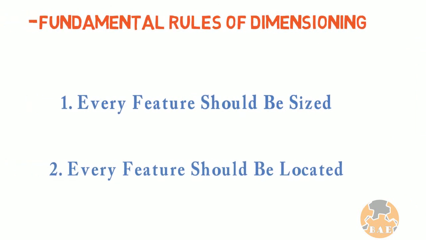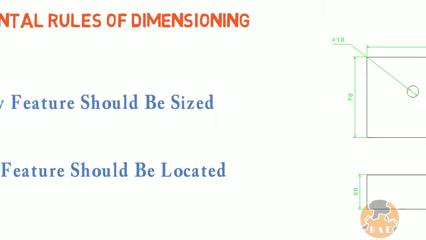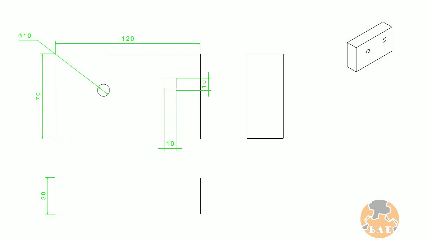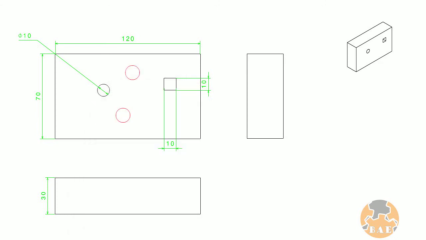Now the second rule is every feature should be located. If this drawing goes like this into the production person's hand, he should understand where to give the hole and square, whether it's here or here. So we have to define the location of every feature.